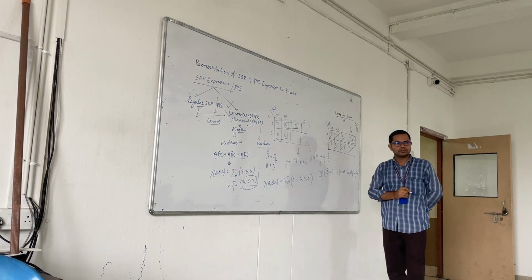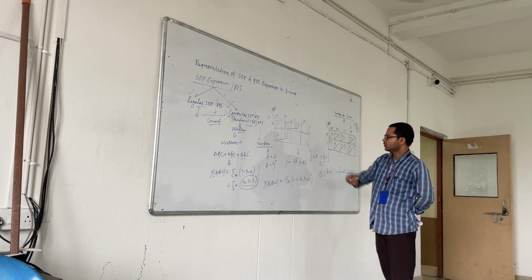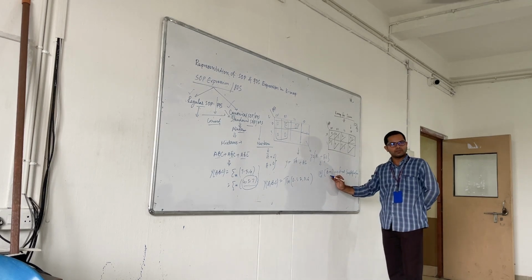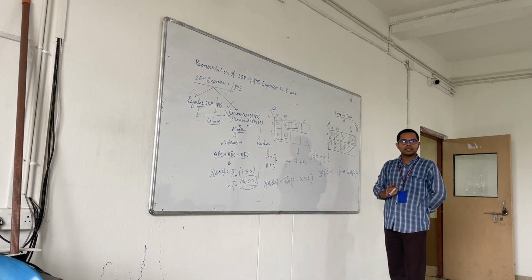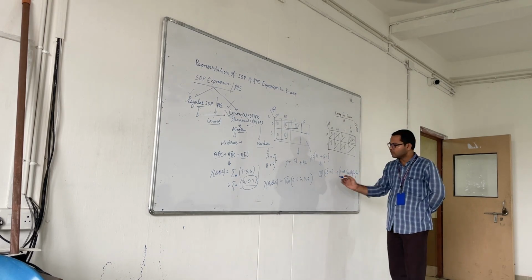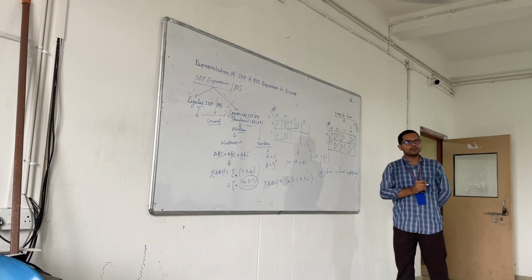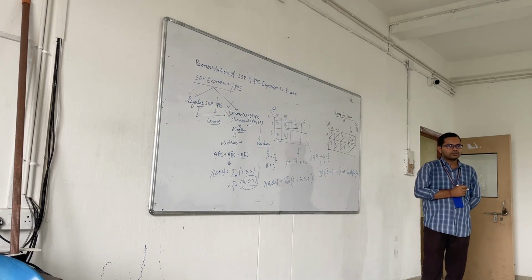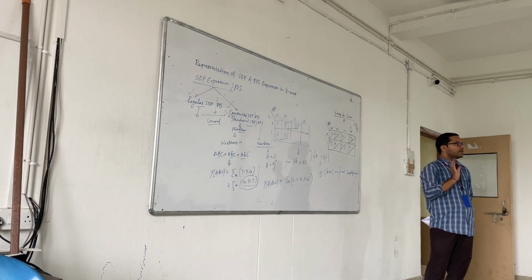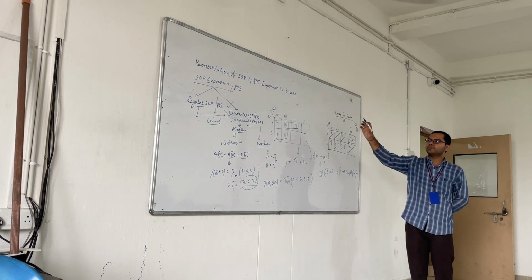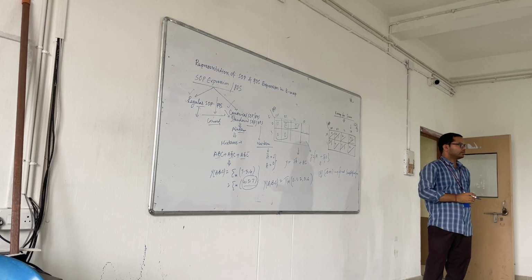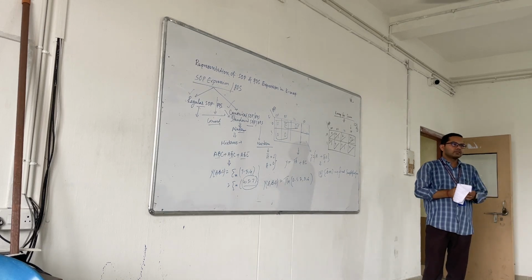Only A. But for this smaller group, we are getting row value as well as column value. So when we are writing row value, it will be like this. And when we are moving towards column value, in between you have to provide a plus. Clear? This is the basic rule when you have to represent SOP and POS expressions in K-map.